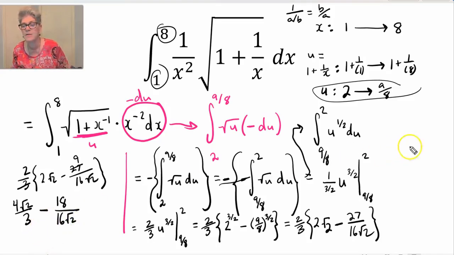Now the last thing they might do is they might want you to rationalize it, where I'd have to multiply numerator and denominator by square root of 2. Also, 18 divided by 16. 18 is 9 times 2, and 16 is 8 times 2, so that does simplify to 9/8.